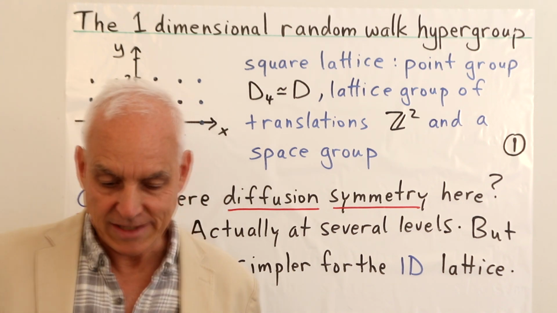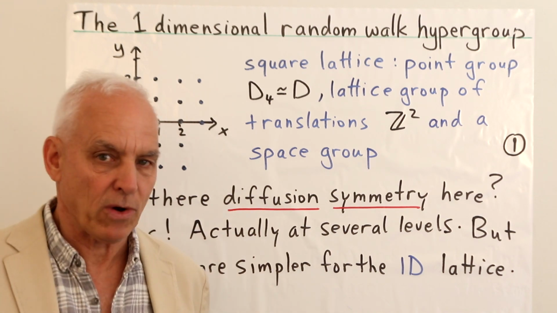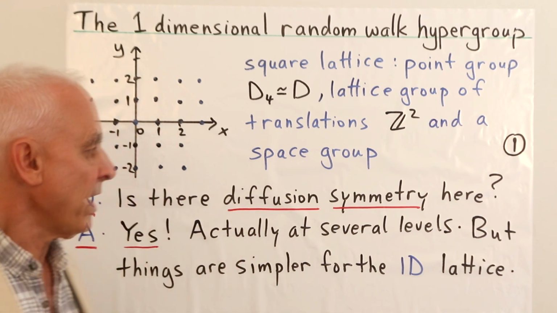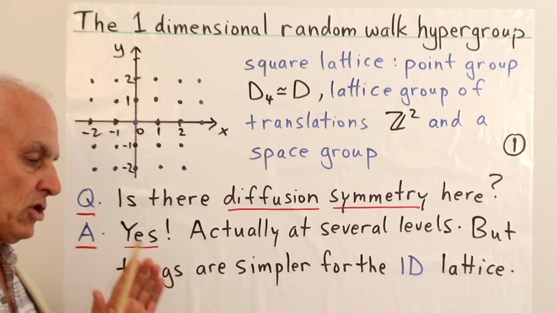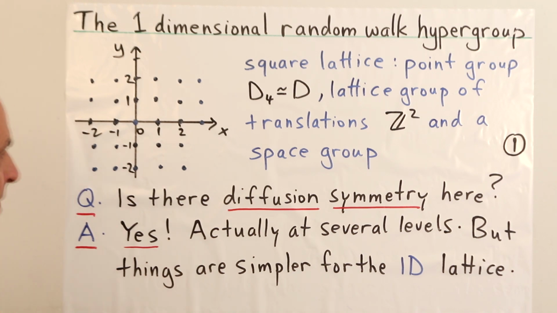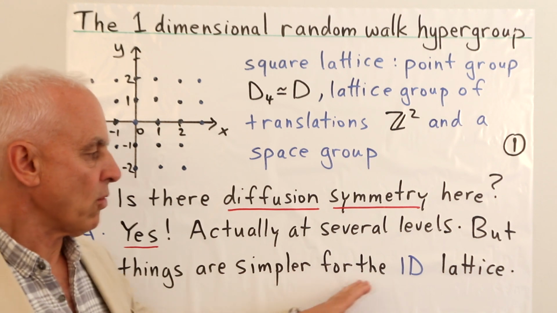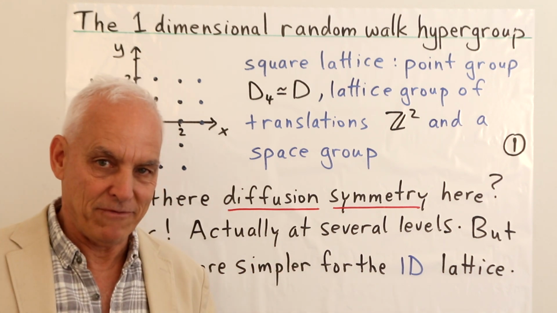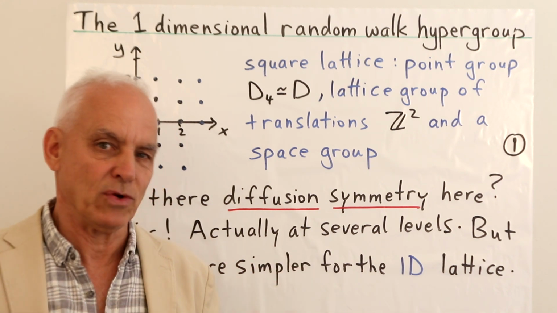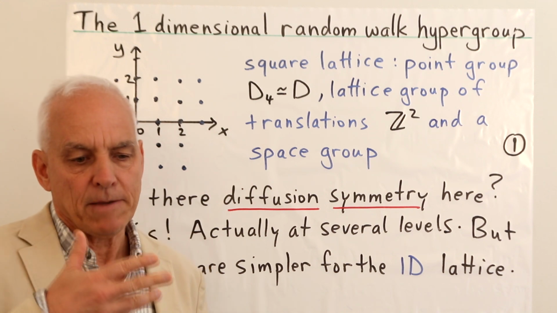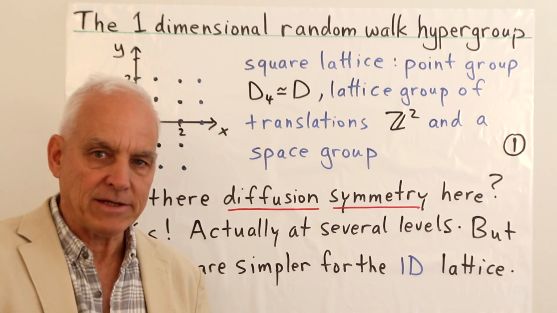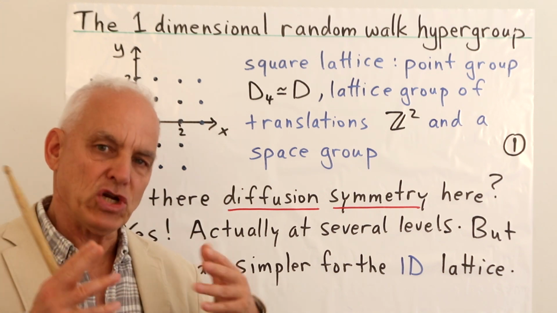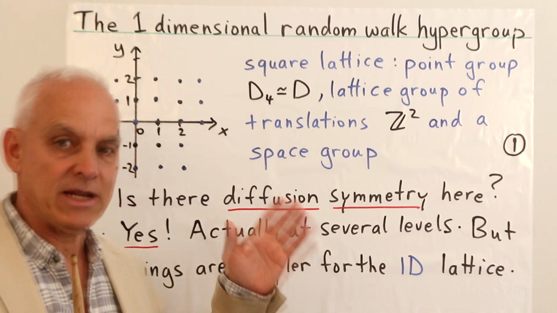And the natural question is, can we look at the same story from the hypergroup point of view? And the answer is yes, we can. And in fact, we can do that at several levels. But in order to explain that, it's simpler if I go down to 1 dimension, to a very simple lattice, which is the integer lattice. And a lot of the discussion about that will be of a kind that generalizes quite easily to these higher dimensions.